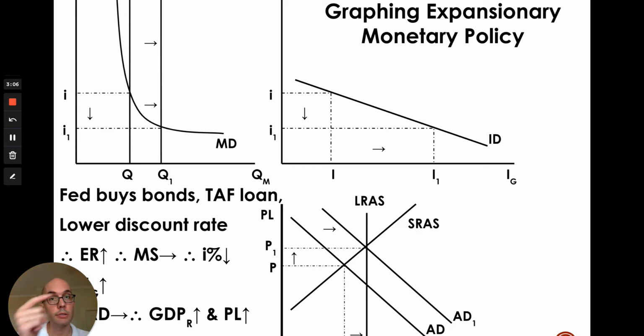And if you look across to the investment demand curve, you'll notice that a greater quantity of investment is demanded when the interest rate is lower. So this has the cumulative effect of AD shifting right as well, where we get back to, assumedly, long-run economic potential at a new higher price level and a greater level of output than before.